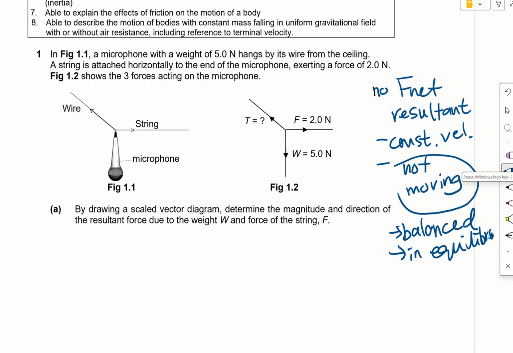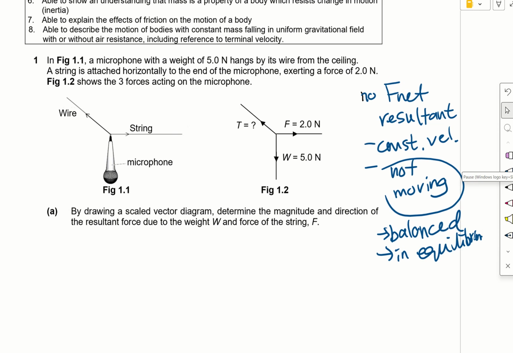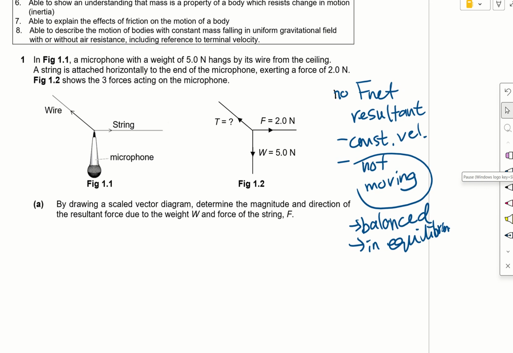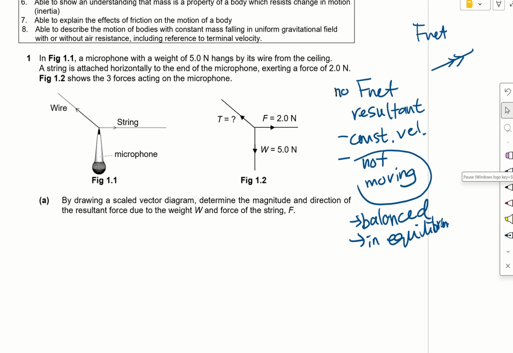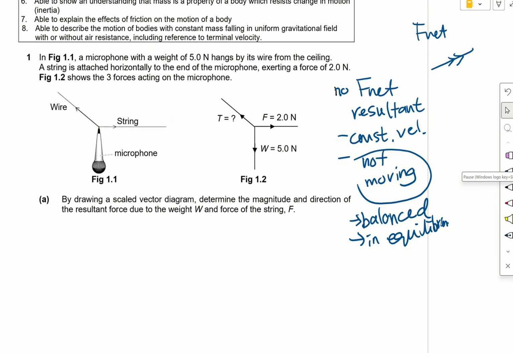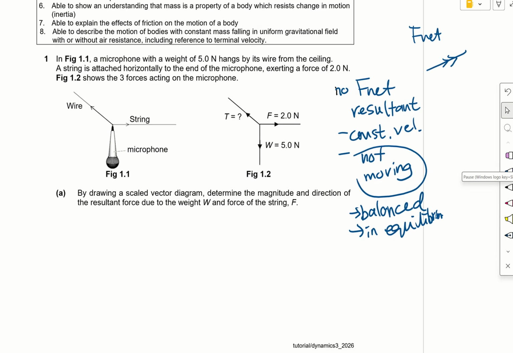So it's very different from the first chapter's vector diagram, whereby there will be resultant force. So there will be a double arrow. We'll still be seeing the double arrow here, but it will be a little bit different from what you have seen in chapter 1.